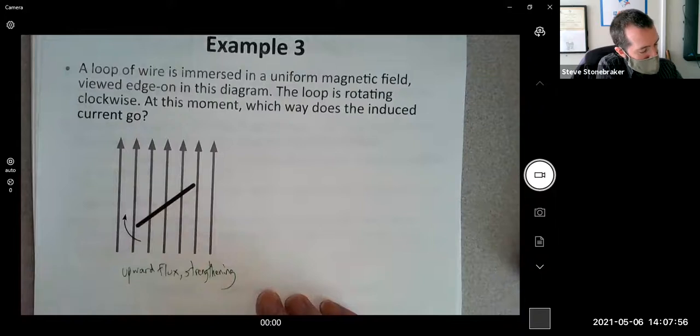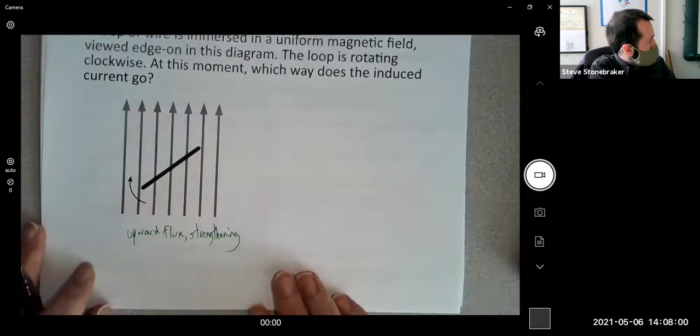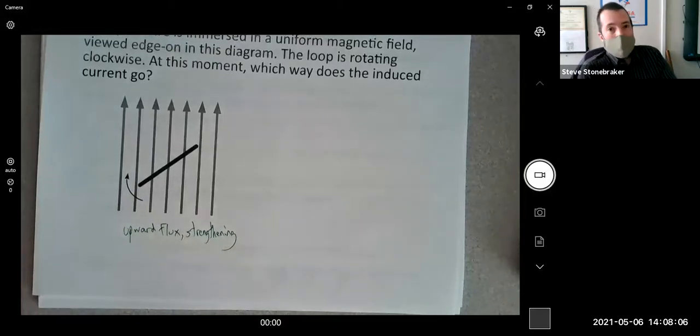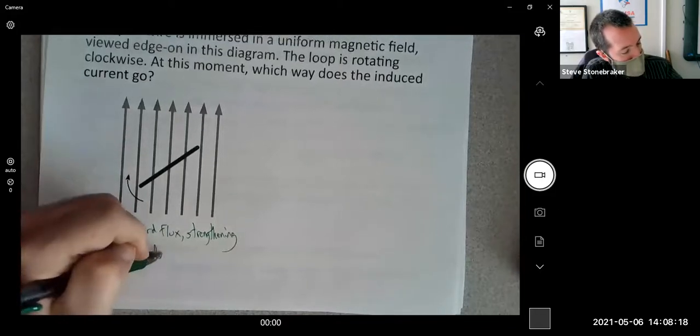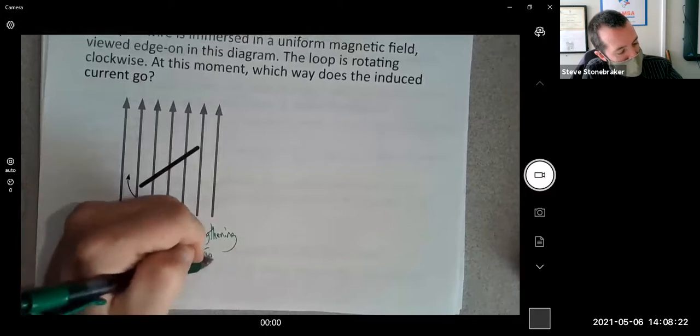Strengthening. If I want to oppose that, I'm going to have to make downward magnetic field with my current. The induced current has to make an induced magnetic field which points down. I need downward field.